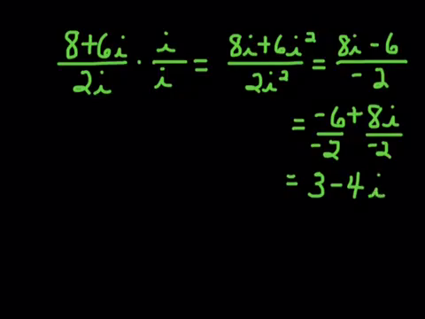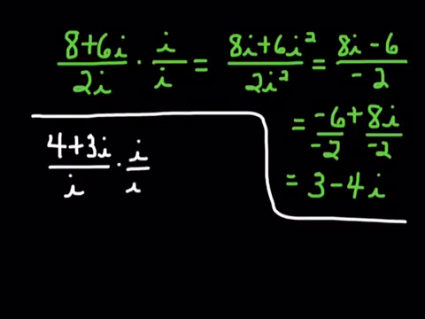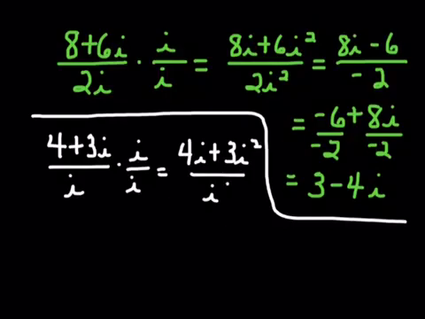The other way to work this problem would be to reduce it first, since 8, 6, and 2 have a common factor of 2. We could reduce it to be 4 plus 3i over i, pulling out the 2, factoring it out, and canceling it. And then we simply multiply by i over i again. And when we do that, we have 4i plus 3i squared over i squared.